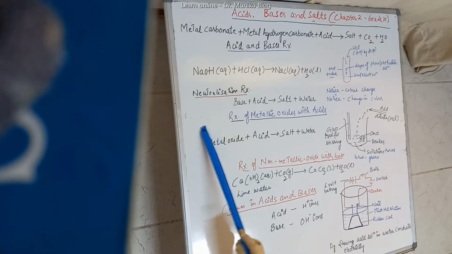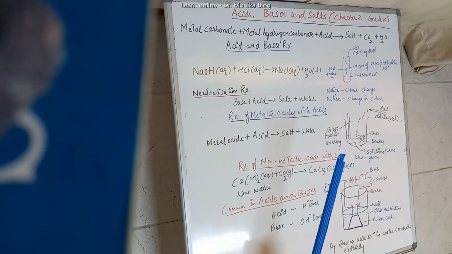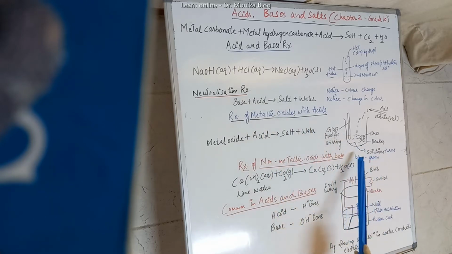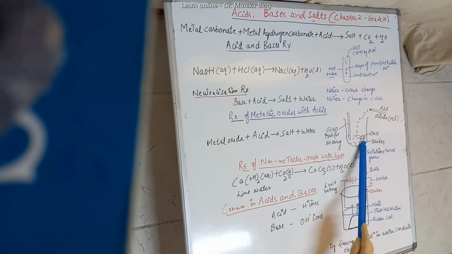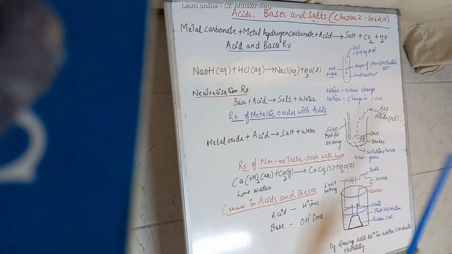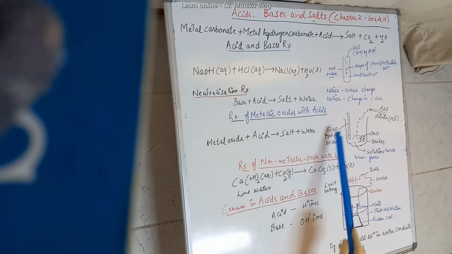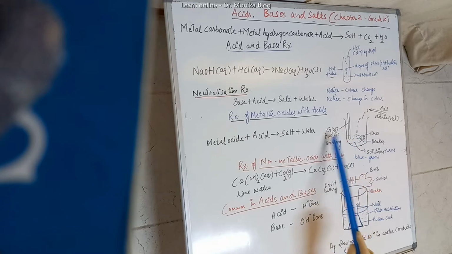Now further we will study the reaction of metallic oxide with acid, or how metal oxide reacts with acid. In this activity, we take a beaker, put a small amount of copper oxide in it and add dilute HCl slowly. While adding dilute HCl, we also stir the solution with a glass rod, as shown in this figure.